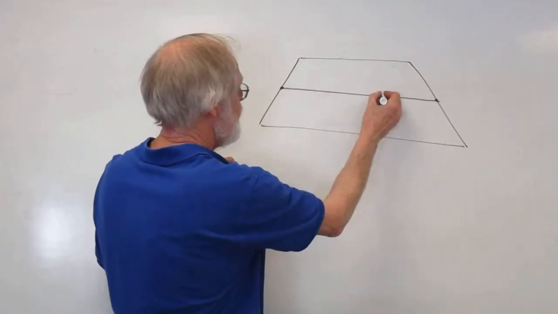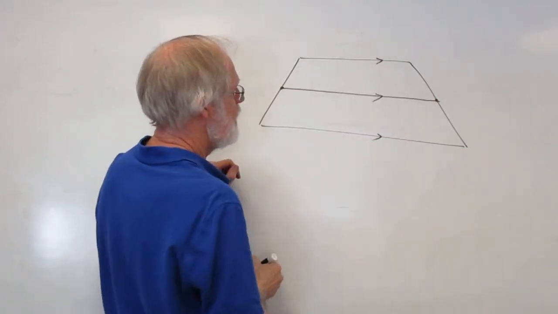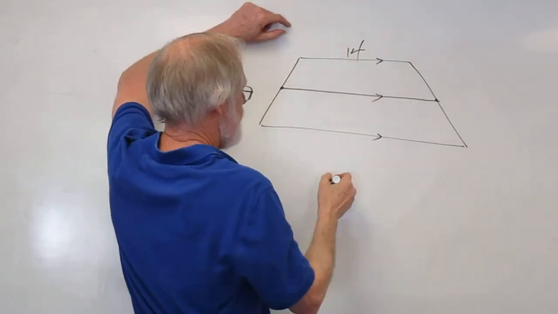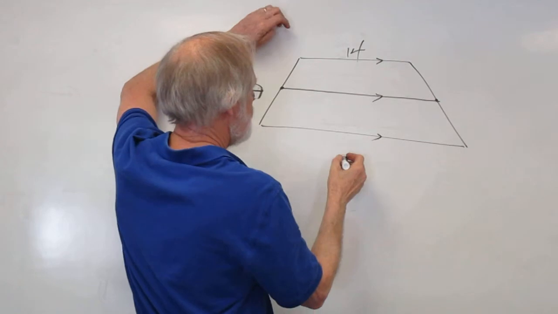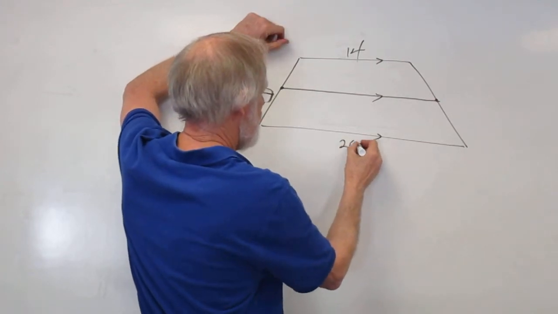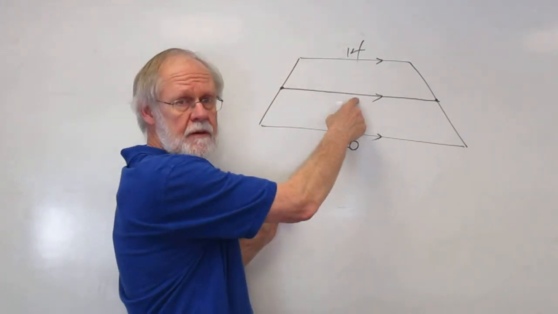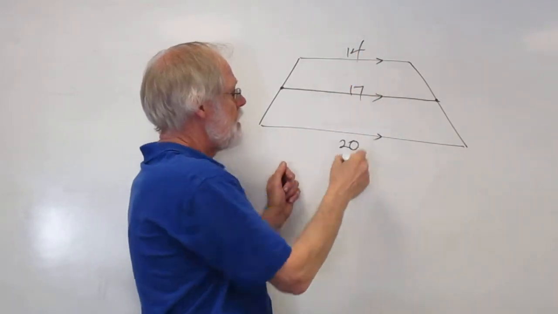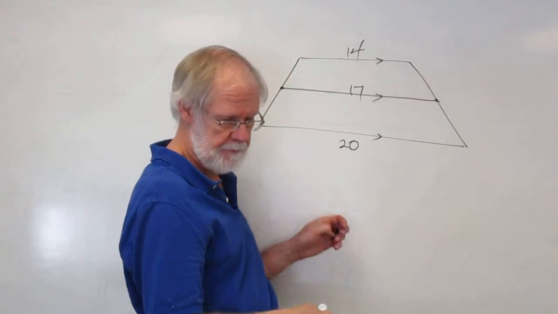So, first of all, it's parallel to these bases. And let's say this was 14, and this was, let's say, 20. So this midsegment is going to be 1/2 the sum of those two. So that's 34 divided by 2. The midsegment is going to be 17.